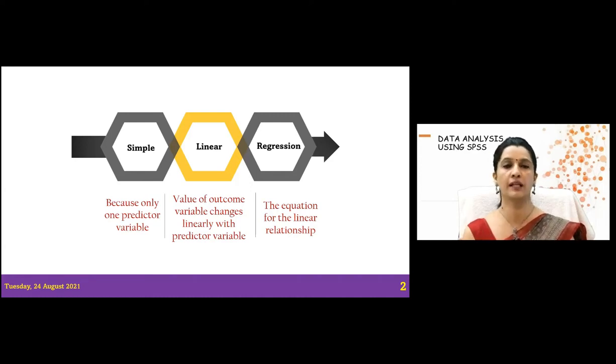Because if it is not linear, we cannot use simple linear regression. And regression, because there is a regression equation, and based on that equation, we predict the value of the dependent variable with respect to the independent variable. So are you clear in the beginning about this simple linear regression?